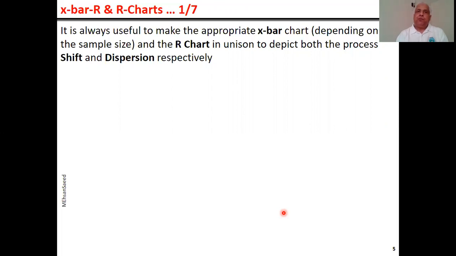It's no use trying to find out shift without considering dispersion, and it's no point trying to find out dispersion without considering shift. So both go hand in hand, and that is what we are going to do in this first example also.